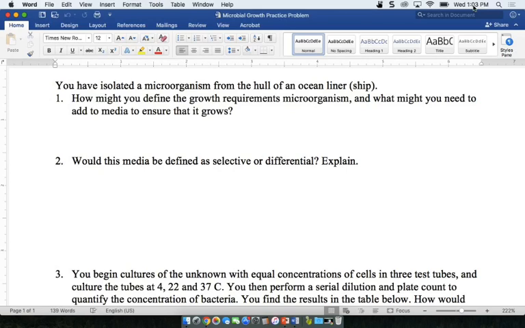Therefore, what's the term we would use if it likes salt? Halophile, or you could say halotolerant, given what we know right now. If we add salt to the media, does that make the media selective or differential? It is selective at this point.